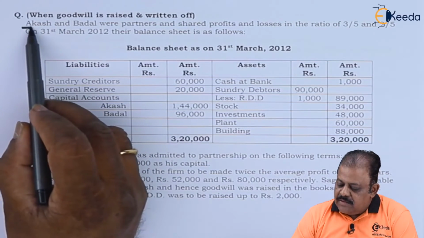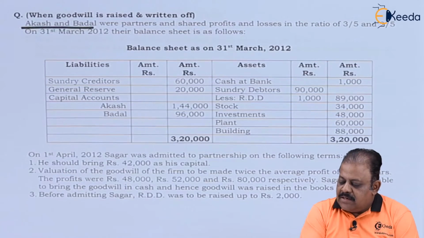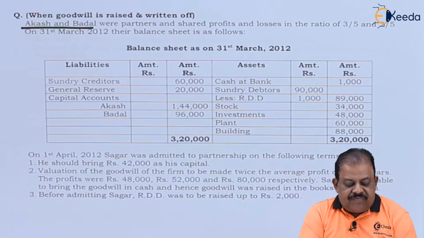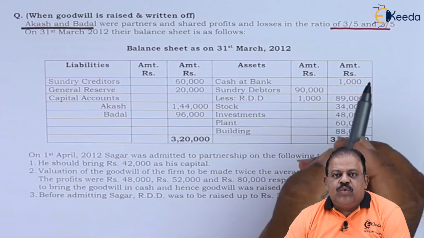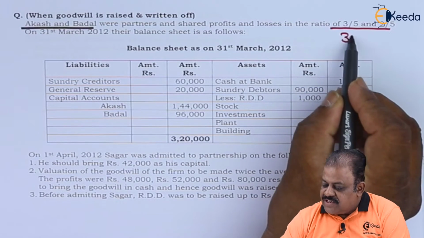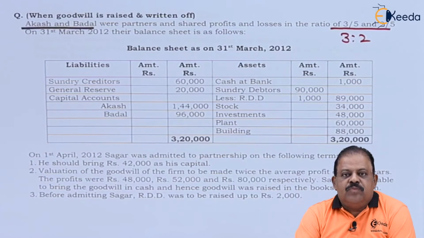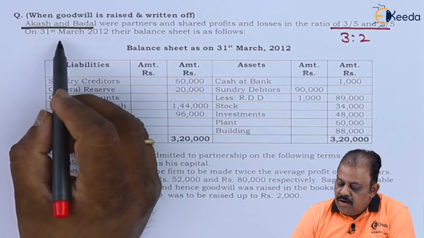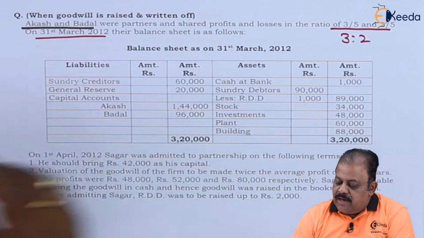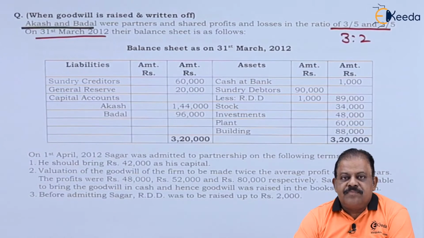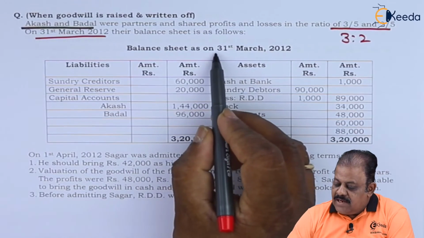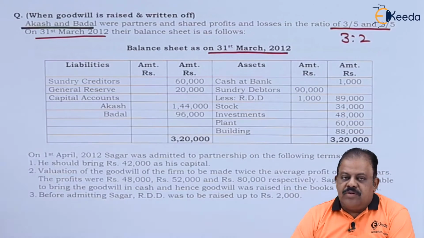Akash and Badal were partners sharing profits and losses in the ratio of 3/5 and 2/5. That means the profit sharing ratio is 3:2. On 31st March 2012, their balance sheet is as follows. Balance sheet as on 31st March 2012.